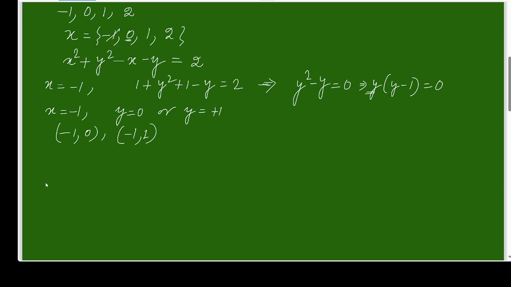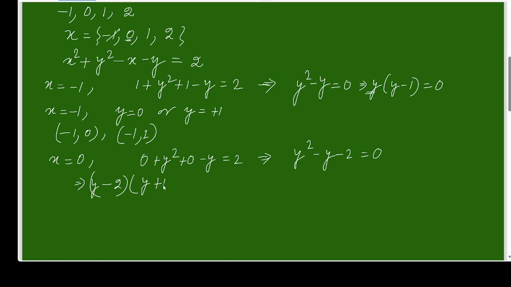Then coming to x equal to 0. When x is equal to 0, 0 plus y square plus 0 minus y is equal to 2, or I'll get y square minus y minus 2 is equal to 0. Then this gives me y minus 2 into y plus 1 is 0, or y is equal to 2, y is equal to minus 1.